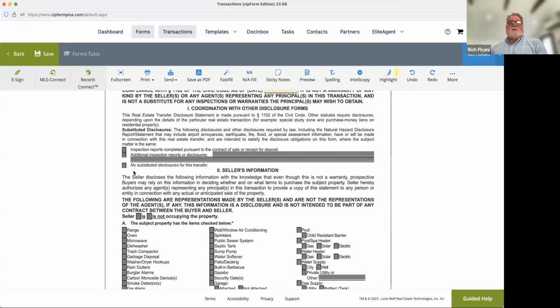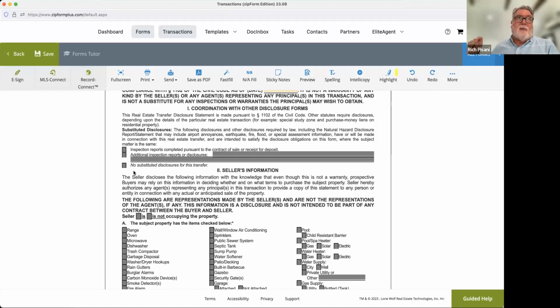Even if you have inspection reports, this is not the place to give inspection reports. The first checkbox, inspection reports completed pursuant to the contract of sale, is a specific inspection to handle everything that's on this list. So that's not applicable. Additional inspection reports or disclosures, it's not applicable to check that box.